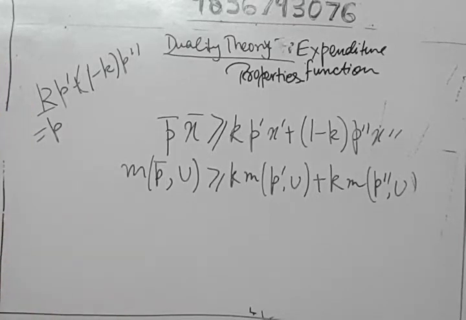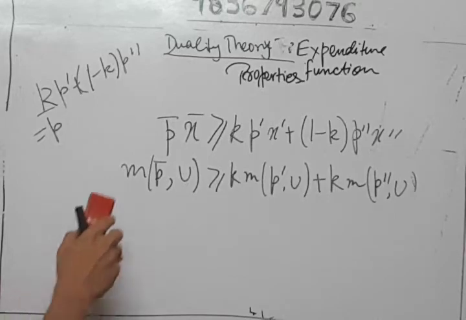is concave in prices. Now if you would like to show this diagrammatically, how can it be shown diagrammatically? Let us see.